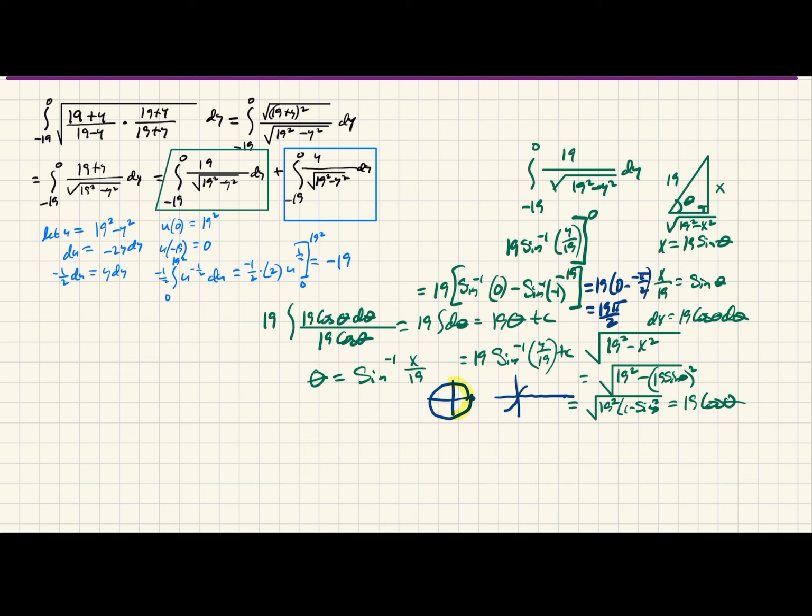Now, which one comes first? Yeah, the 19 pi over 2. That was the green one, right? Okay, good. So this answer then, if I didn't blow anything up to here, will be 19 pi over 2 minus 19.